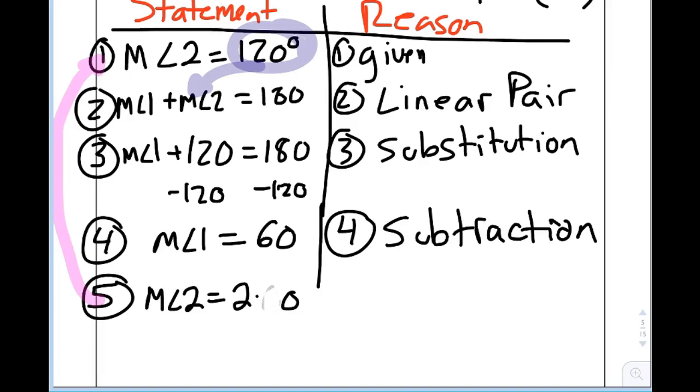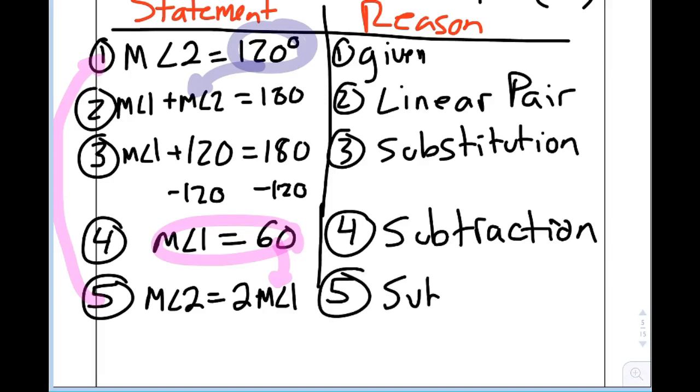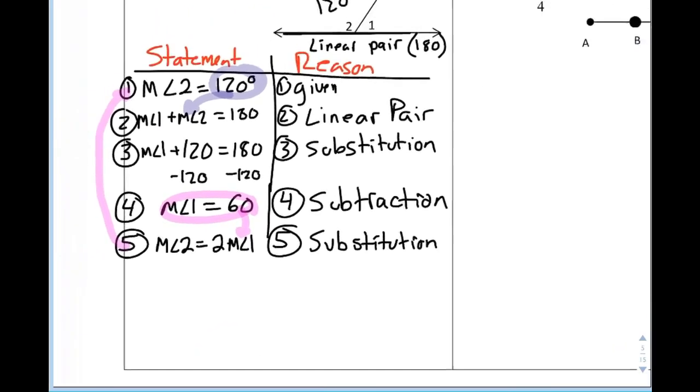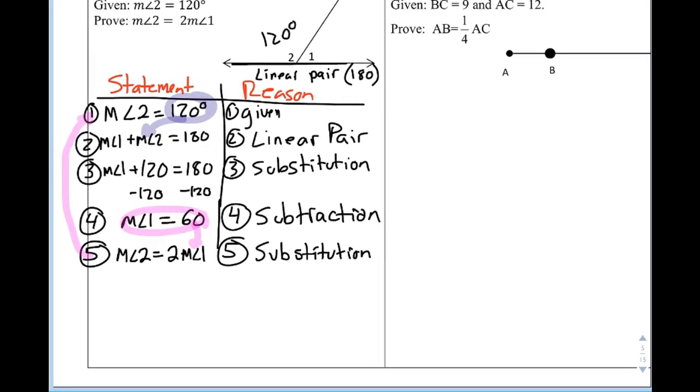And 60 degrees is really the measure of angle 1, because we've got that information right here. And so by substitution, we know that the measure of angle 2 is twice as big as the measure of angle 1.